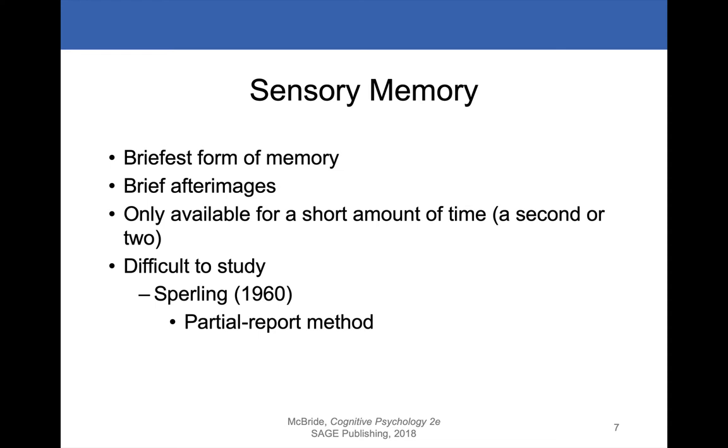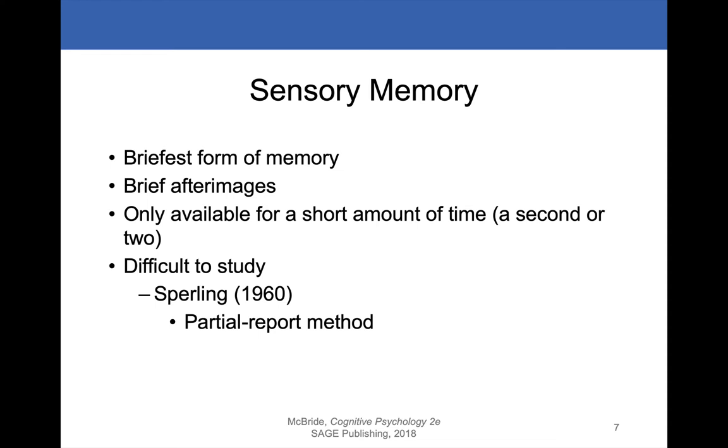He would ask his subjects to only report partially what they saw. He would say, okay, you're going to be flashed something, and I don't want you to describe everything that you saw in this super fast thing. Just tell me partially what you saw. He used this partial report method, where the subjects were only reporting a portion of the information presented.